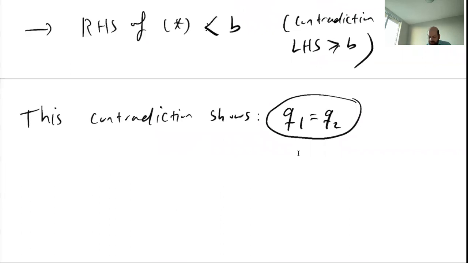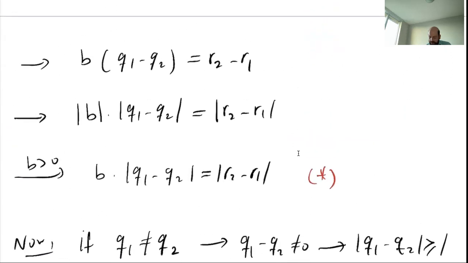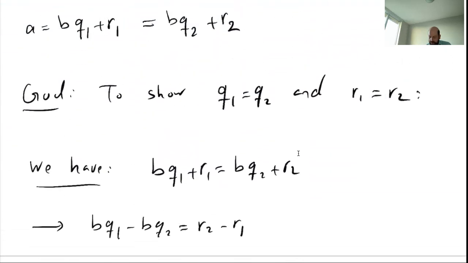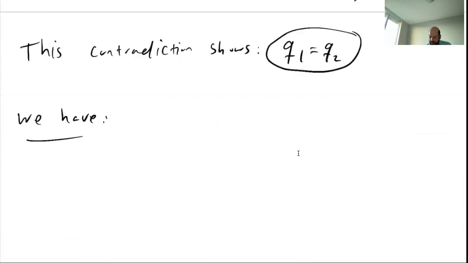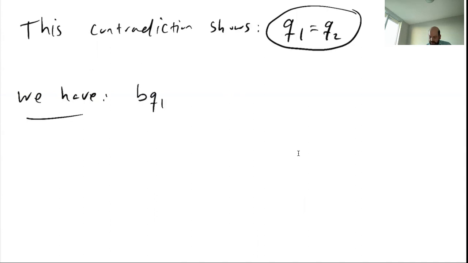Q1 is equal to Q2, what does that imply? So what did we have? Remember, we have BQ1 plus R1 equals BQ2 plus R2, right? So let me write it again. BQ1 plus R1 equals BQ2 plus R2. But I just showed that Q1 is equal to Q2.